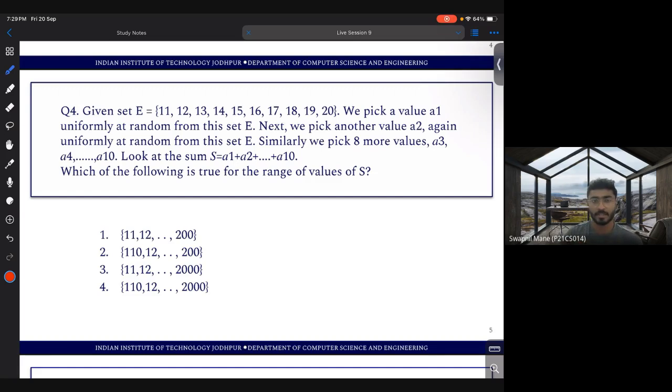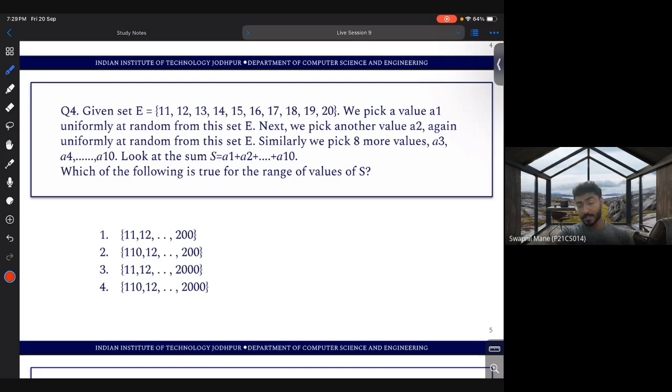Considering these values, look at the sum: whatever values we have picked, A1, A2, A3, what is the sum? S is equal to A1 plus A2 plus dot dot dot A10.